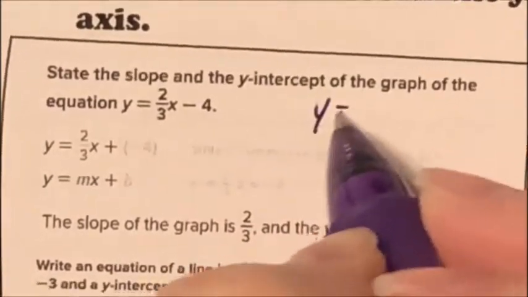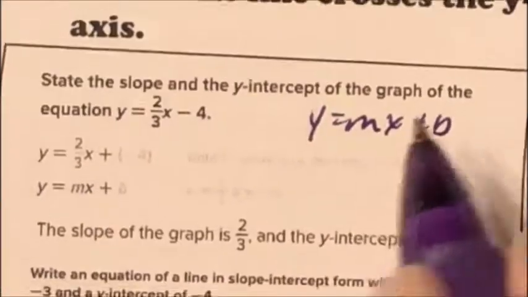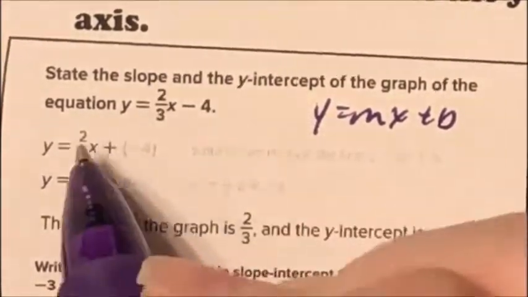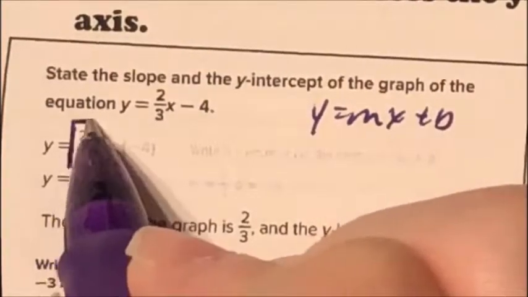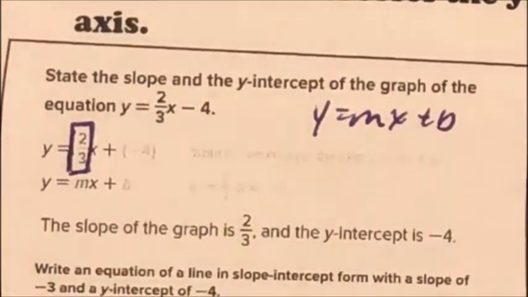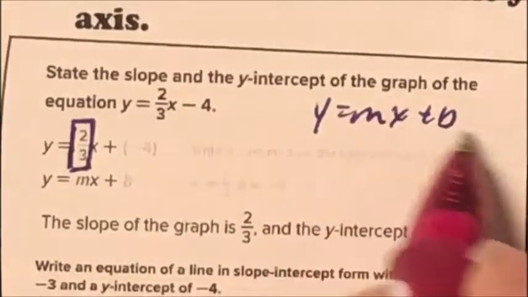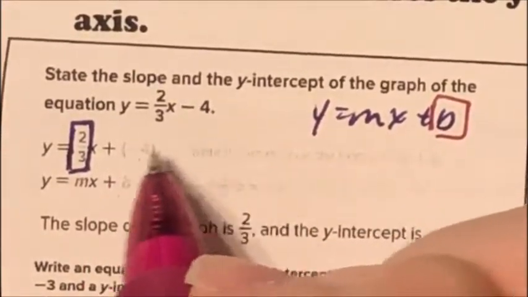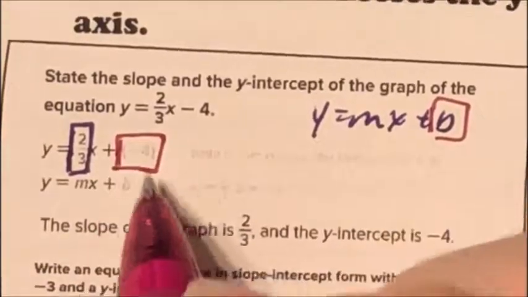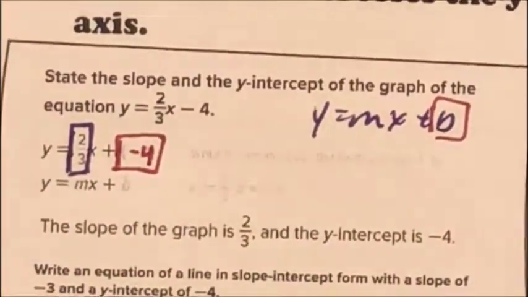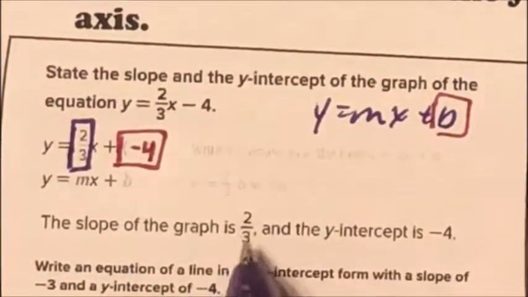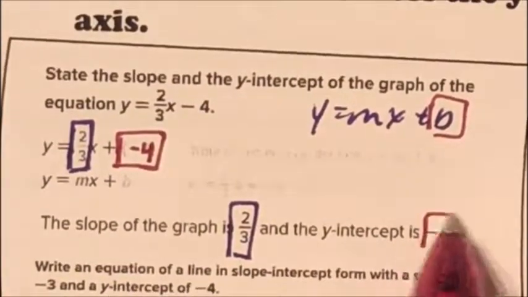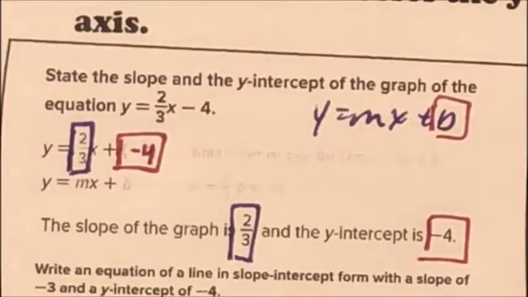Remember, y equals mx plus b. m is my slope. Well, my slope is right here. And my b value is right there at minus 4. Okay, so the slope of the graph is 2/3 and the y-intercept is -4, or minus 4.